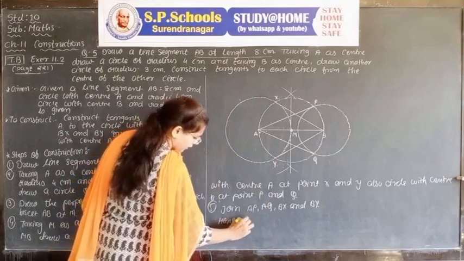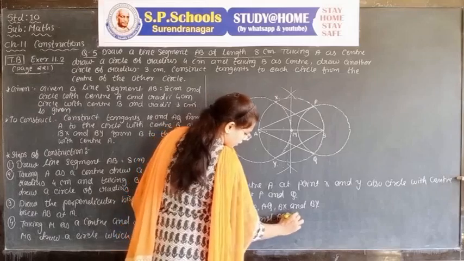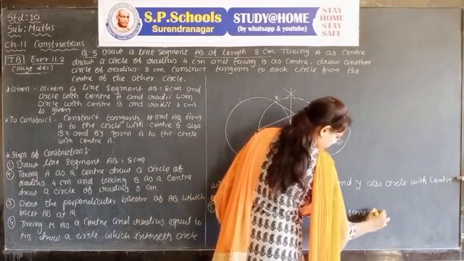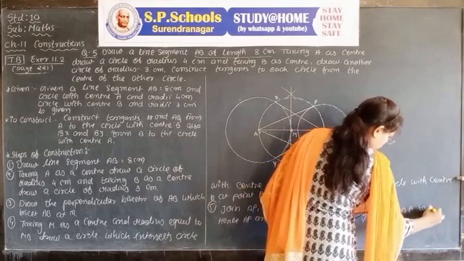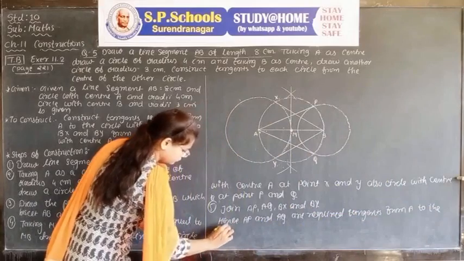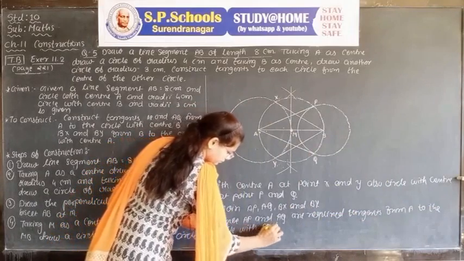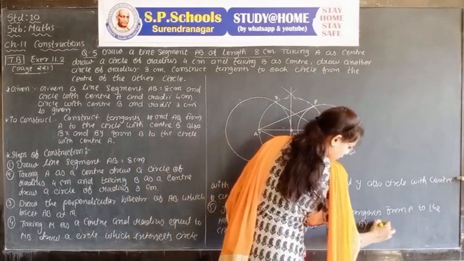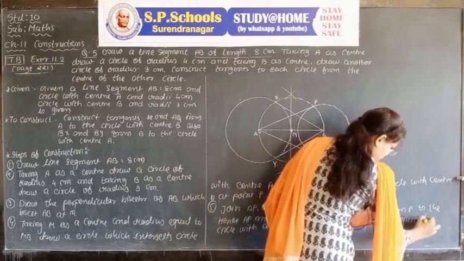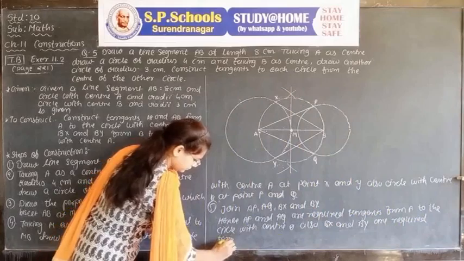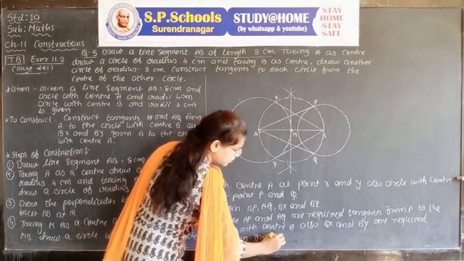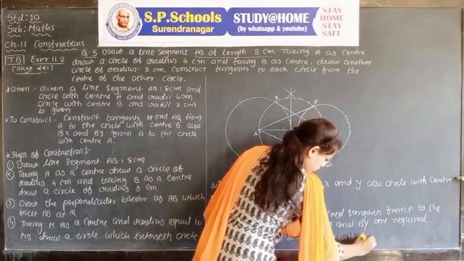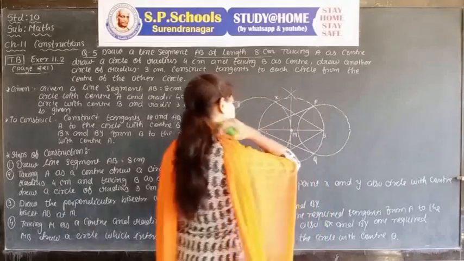Hence, AP and AQ are the required tangents from A to the circle with center B. Also, BX and BY are the required tangents from B to the circle with center A. Hence the construction is completed here.